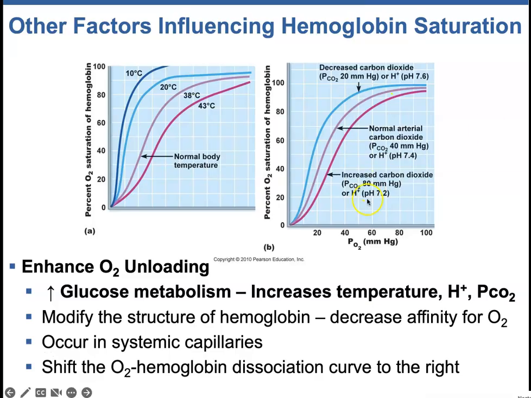So when you think about what's going on when you're working out, you're producing more carbon dioxide, and you also can cause your blood to become more acidic because of the carbon dioxide. If you have metabolic acidosis going on, say you're a type 1 diabetic, your blood becomes more acidic. That is a stress. I always used to think about this, as I was first learning about this hemoglobin dissociation curve, as stressful situations.